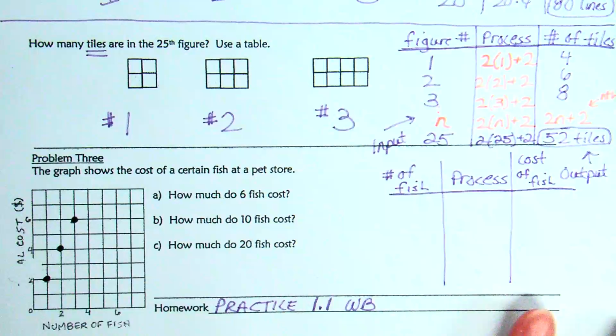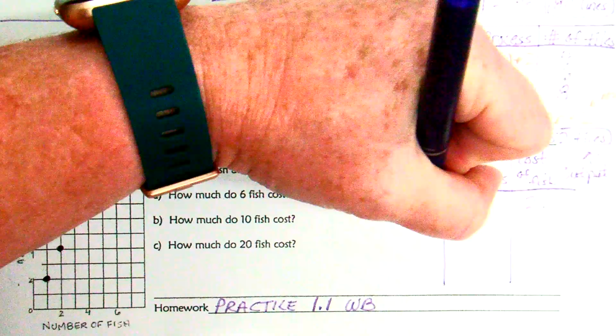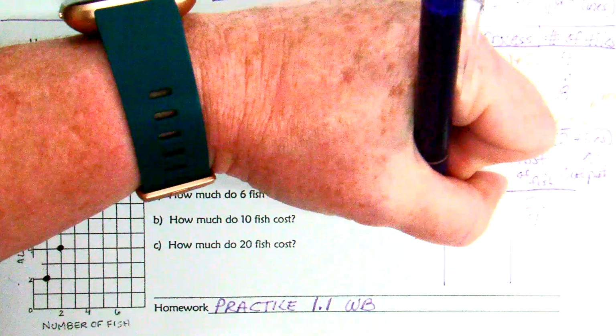Okay, it's a graph this time, but it's an easy to read graph. What's that first dot represent? 1 fish cost $2. What's the second dot represent? 2 fish cost $4, and the third dot? 3 fish cost $6.